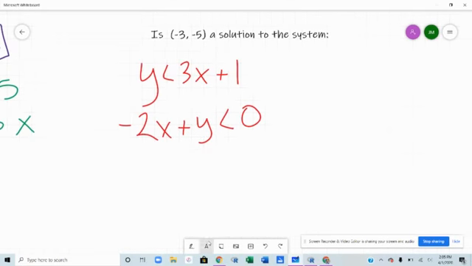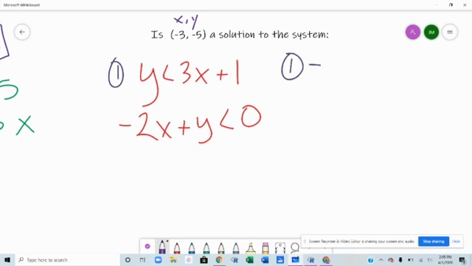Last one like this. Is (-3, -5) a solution to the system? So take your x and your y value. You're going to plug them into the first one first. So our y value is -5. We're going to see if that is less than 3 times our x value, which is -3, plus 1. So -5 is less than 3 times -3 plus 1, which is -9 plus 1, which is -8.